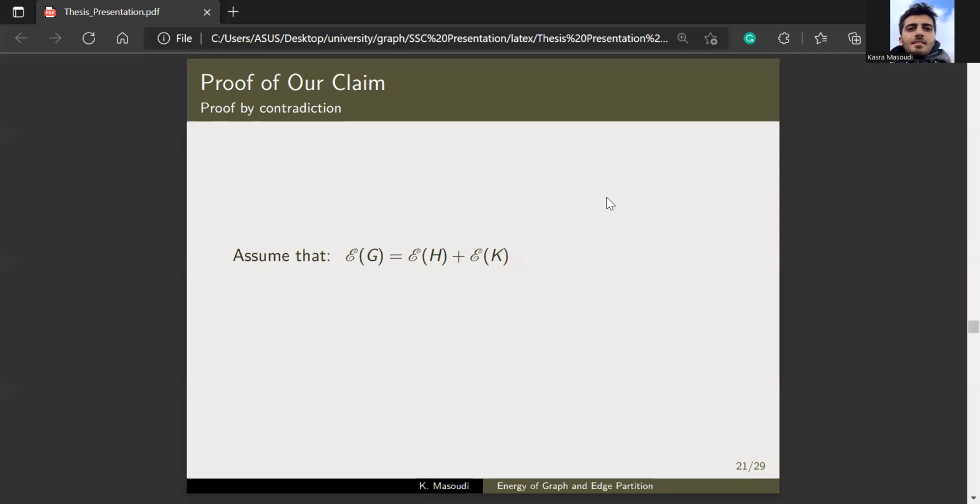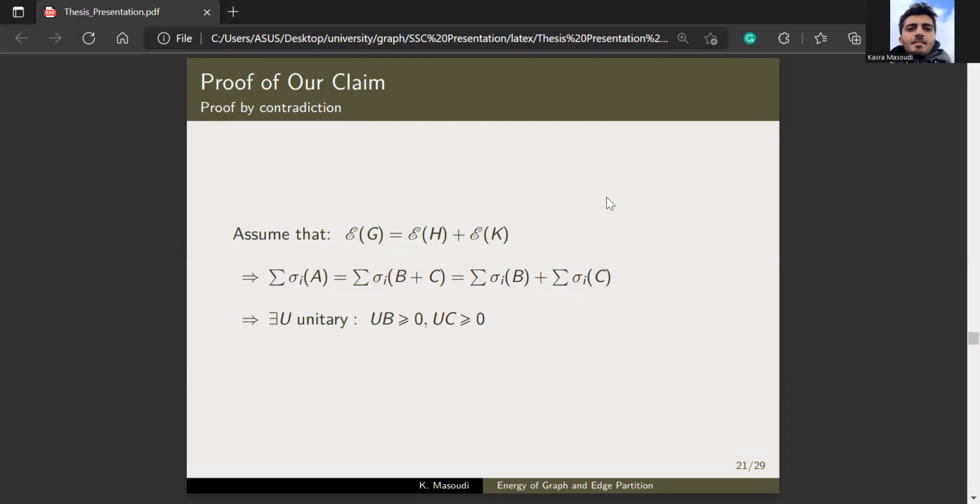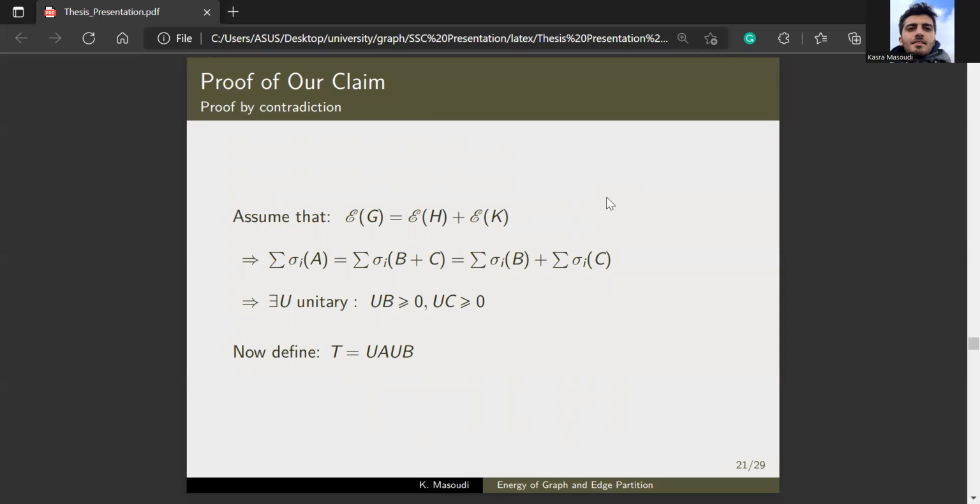Now, by contradiction, assume that the energy of G is equal to the energy of K plus the energy of H. By definition, we have the summation of singular values of A is equal to the summation of singular values of B plus C, which is equal to the summation of singular values of B plus the summation of singular values of C. By the equality condition of the theorem about singular values, there should exist a unitary matrix U such that UB and UC are both positive semi-definite.